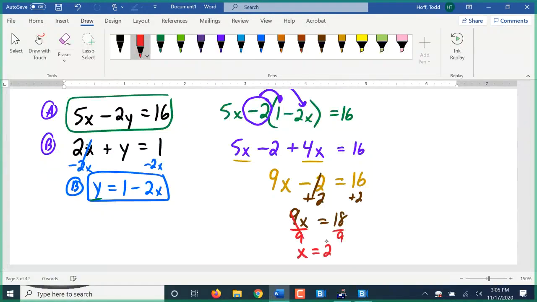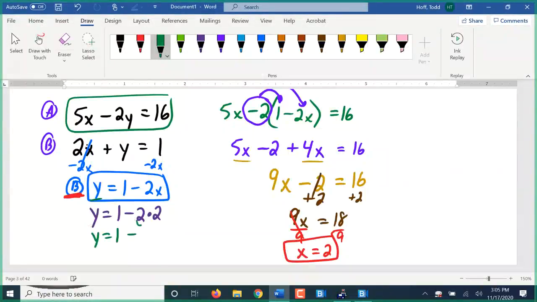Get x equals 2. Well, that's only half our answer. We still have to find y. But we can go back to this equation B here that we solved for y and put 2 into that for x. So y equals 1 minus 2, and instead of x, we're going to put in 2. Y equals 1 minus 2 times 2.